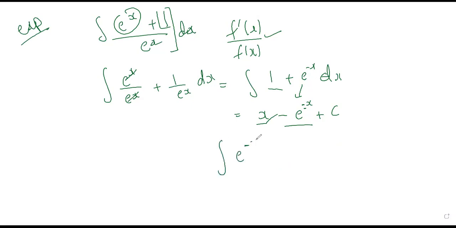The rule is that e to the minus x would come as it is, just like differentiation, right? And you need to divide it by the derivative of this power. The derivative of minus x is minus 1. So this is minus e to the minus x, right? Yes.